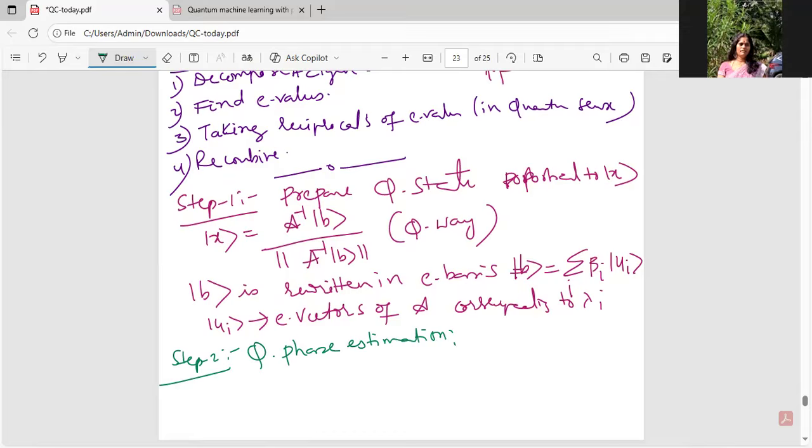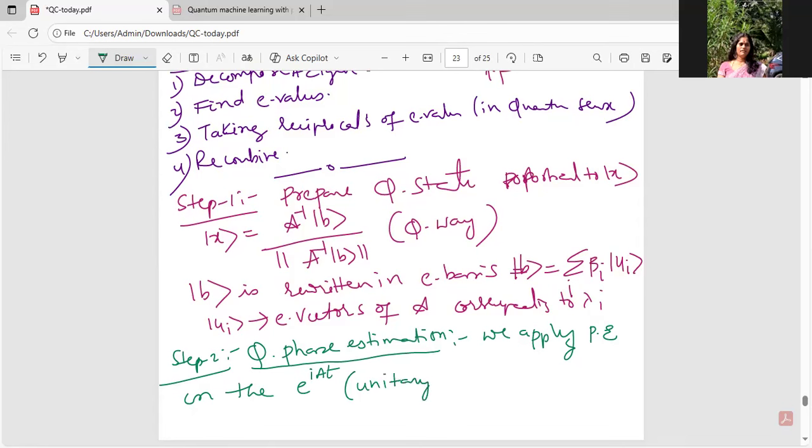Again, your Fourier transforms and the phase estimation matrix all come into the picture. Why I have done it, I will tell you. We apply phase estimation on e power iAt, a unitary matrix.